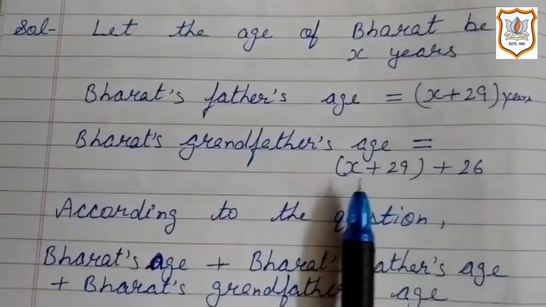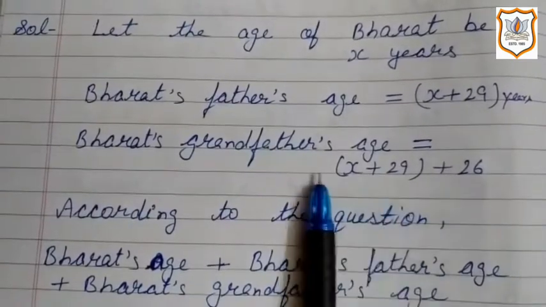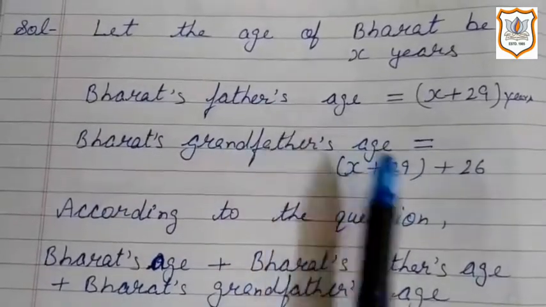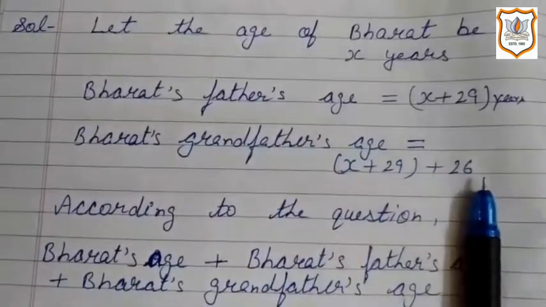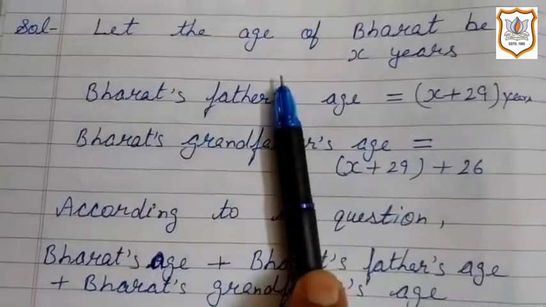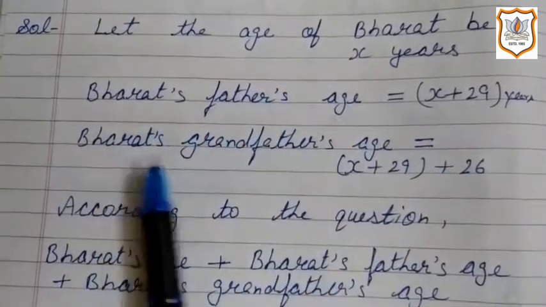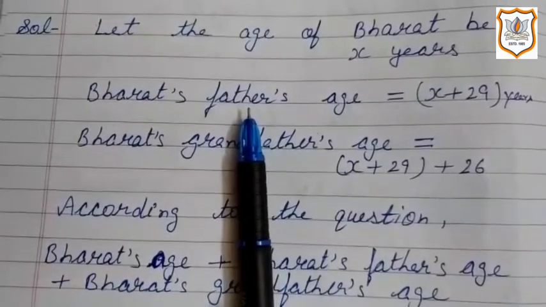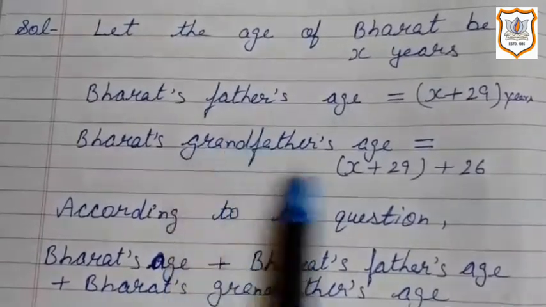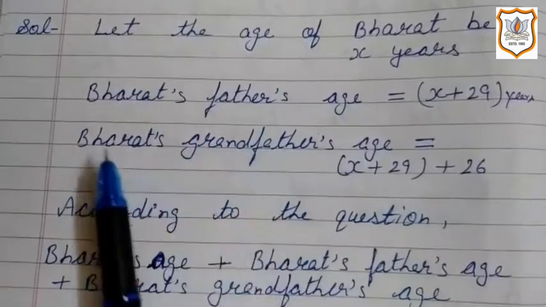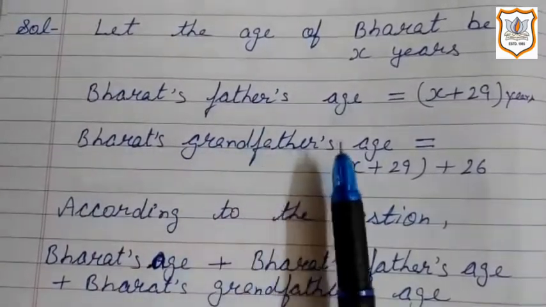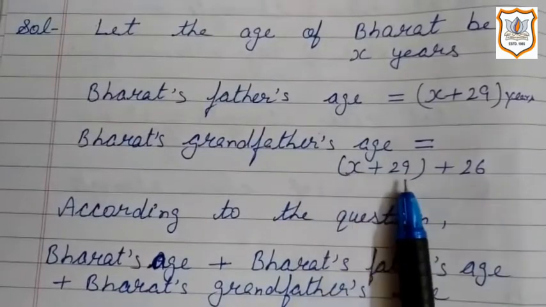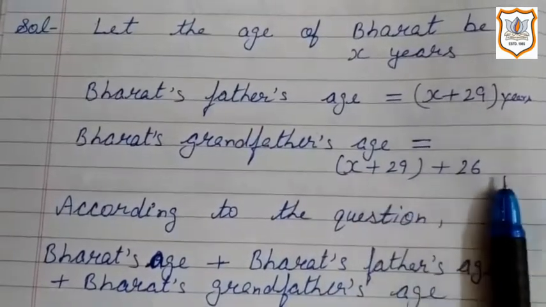X plus 29 is the age of Bharat's father, and we add 26 to it because Bharat's father is 26 years younger than Bharat's grandfather. So Bharat's grandfather's age will become X plus 29 plus 26.